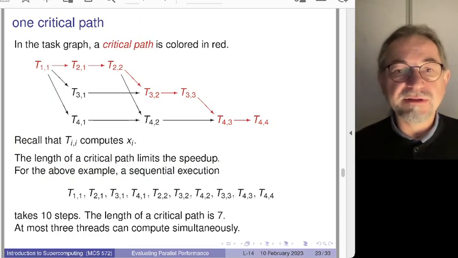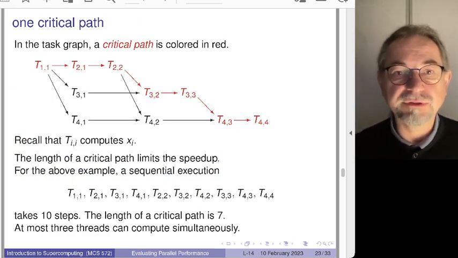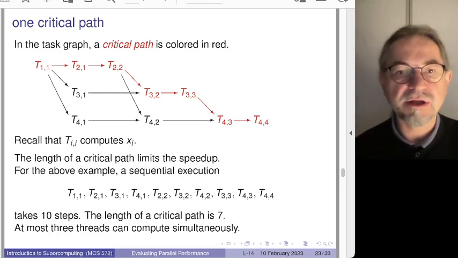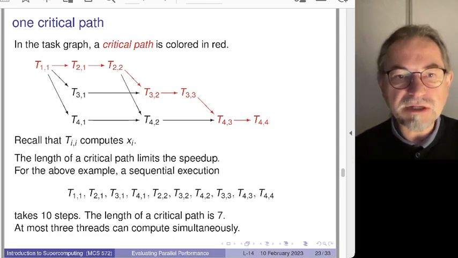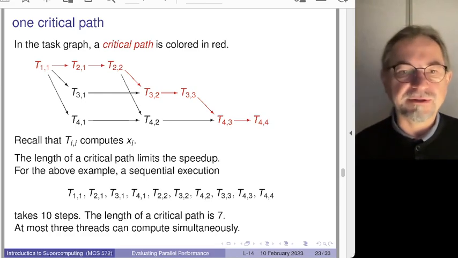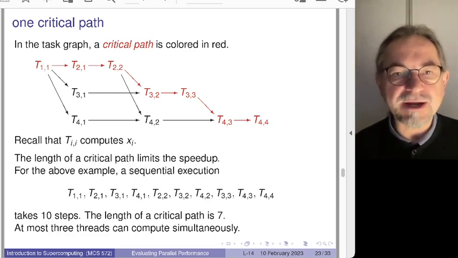Okay, so why is this now so useful? There are many critical paths, and I will follow the top one. The critical path indicates the instructions that you follow from the beginning to the end, and you count the number of nodes in the critical path.